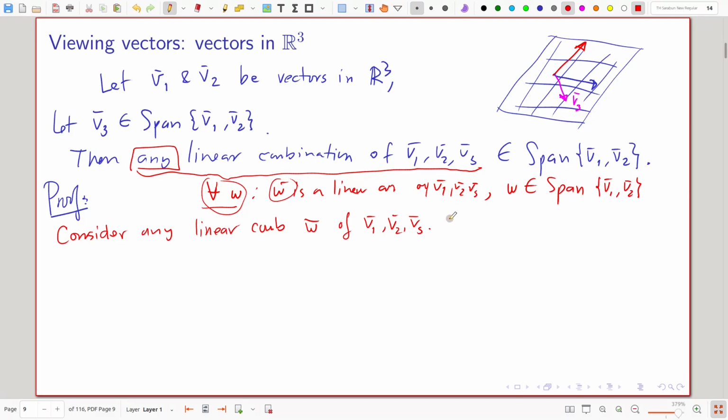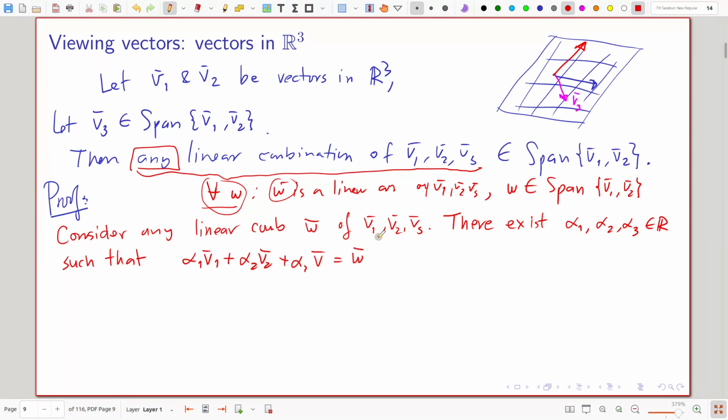So then there exist alpha 1, alpha 2, alpha 3, real numbers, such that alpha 1 V1 plus alpha 2 V2 plus alpha 3 V3 equals W.